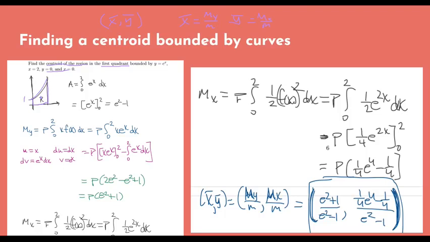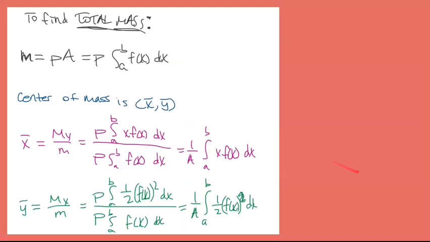My and Mx are not going to be found the same way as in the last question because we have functions. So, as I mentioned, going back to that other slide that I skipped, there are formulas to find My and Mx.